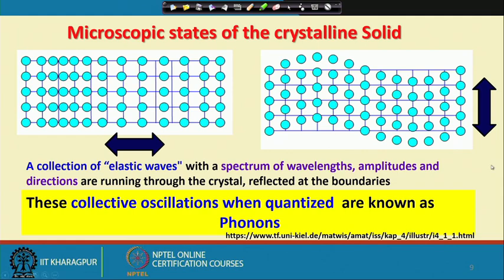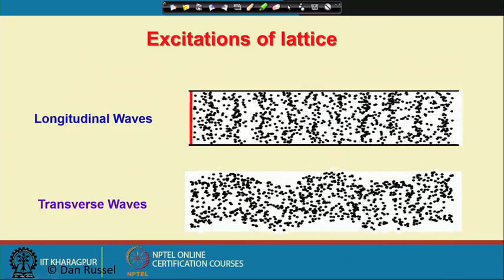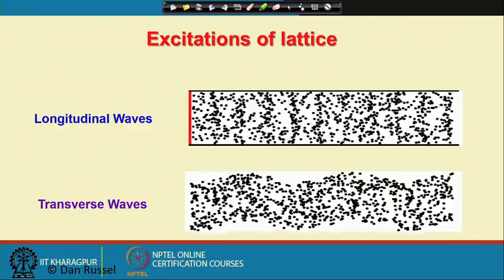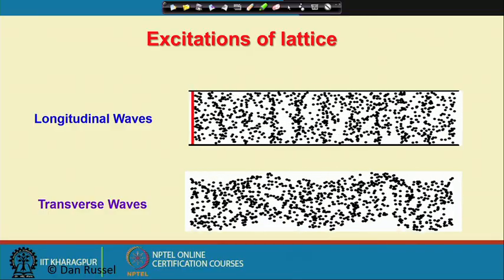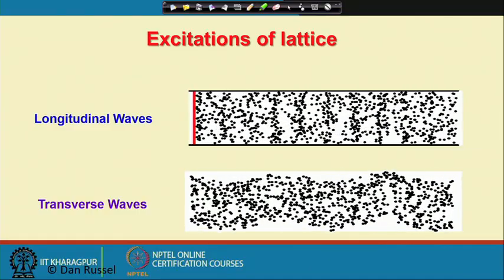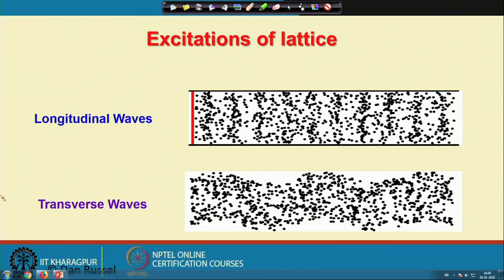Now, let us have a visual look at the different kinds of ways in which the atoms, the molecules or the particles in a lattice can use up the available thermal energy. The first one that I show here is a longitudinal wave, and as you see in this case the entire wave front is moving in this direction.